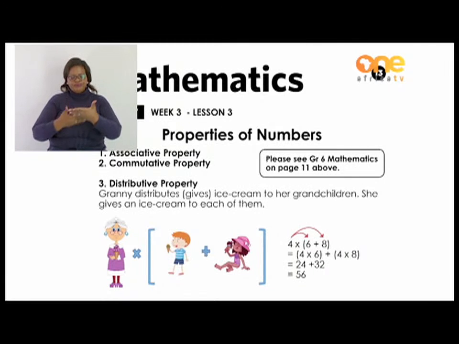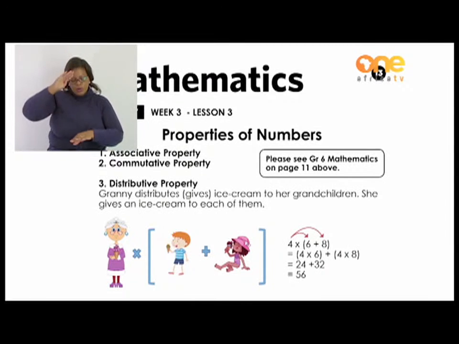The first one is associative property, commutative property, and distributive property. The first two, check on your booklet for lessons for grade 6. They are explained there. So in our grade 7, we cannot repeat the same things. So let us start with distributive property.